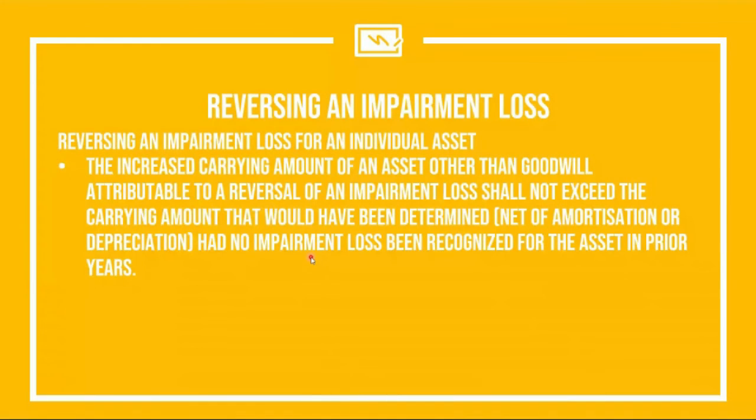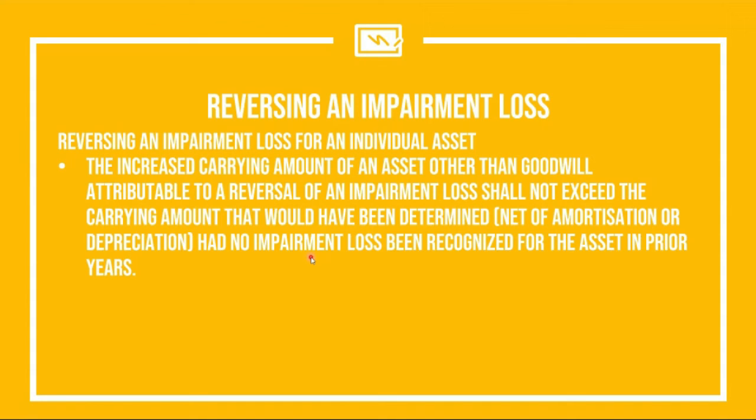Okay? So, the current carrying amount is 1 million. If there were no impairment, that's 1,500,000. And the current recoverable amount based on the computation was 1,800,000. Okay? So, the maximum reversal of impairment loss will only be between 1 million and 1,500,000. So, meaning, the reversal of impairment loss is 500,000.